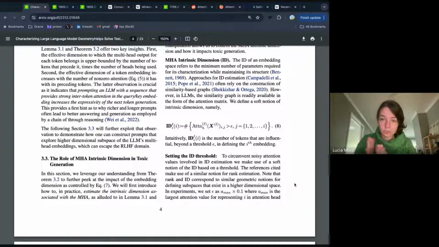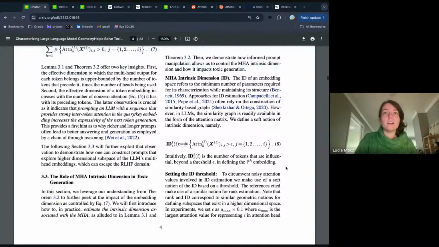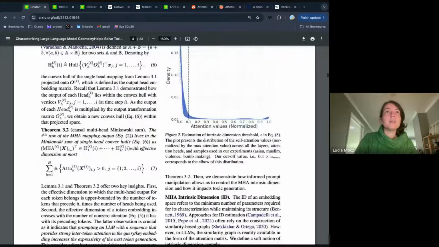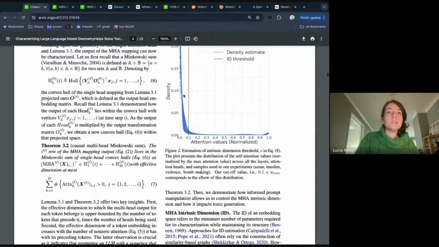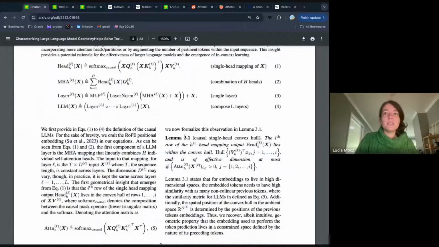And the reason for this, when we talked about this space that is being generated, is that the ith vector is going to be generated inside of the convex hull of the previous ones.